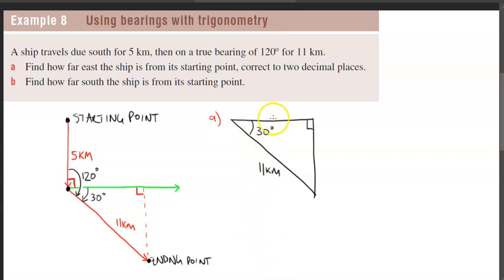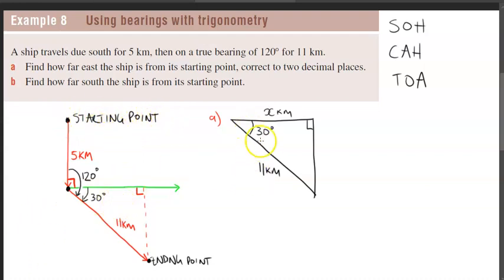What we're looking for is this length here. So this here is our x kilometers. And let's just put SOHCAHTOA up the top, so we know which trigonometric ratio we need to use. So let's look for this x kilometers, because that's the length from our starting point, and how far east we are going to 2 decimal places.